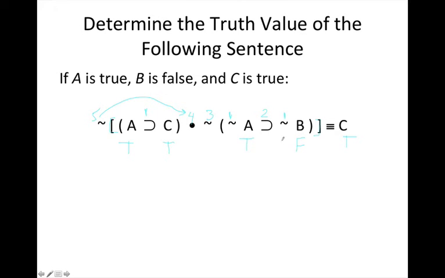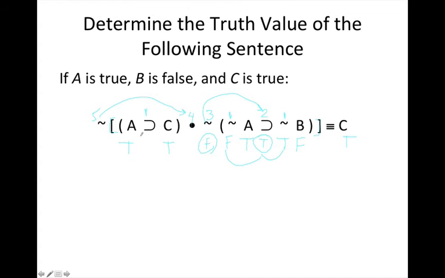Okay, so tilde F is true. Whatever A is, the horseshoe comes out true because the consequent is true. But let's go ahead and complete this. So then we get false horseshoe true is true. Then tilde false is false, which is going to force dot to be false, right?